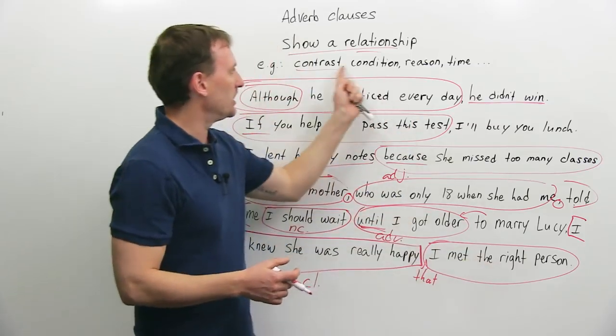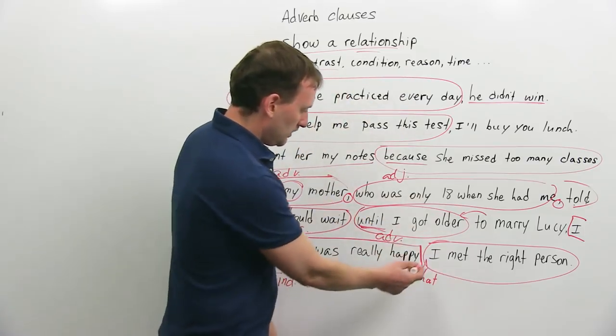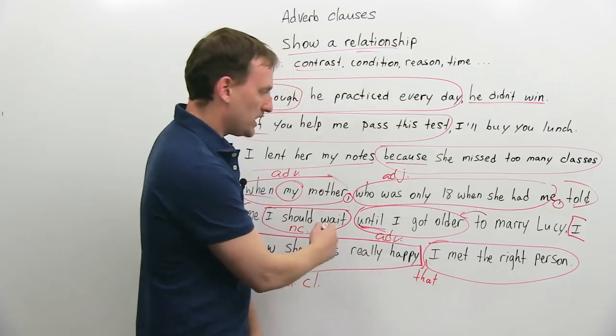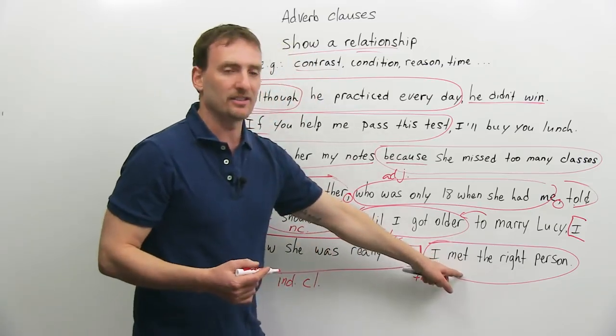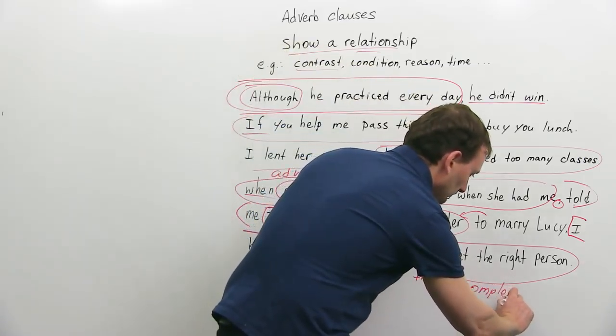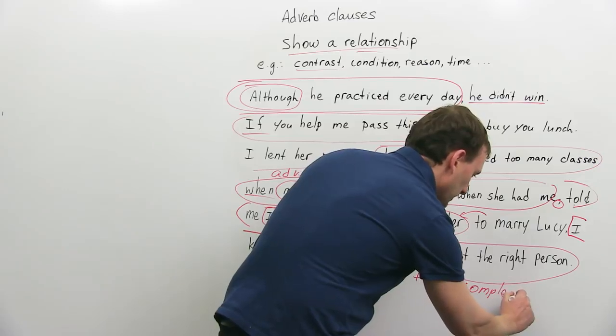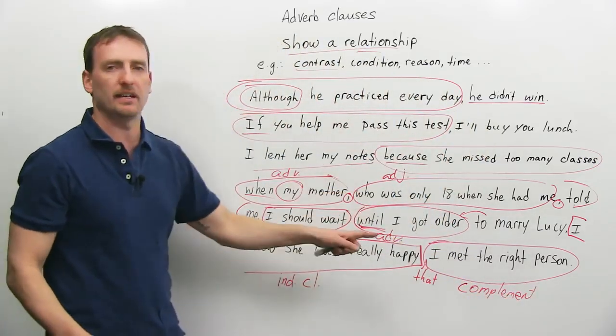There's no relationship of any kind here, so it's not an adverb clause. There's no noun and there's no situation, so it's not a noun clause. Basically, this is called a complement. It is just completing this idea.